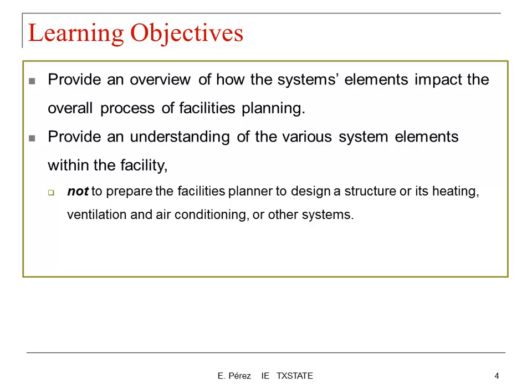But the idea of this lecture is not taking you to that area. The lecture is not to prepare the facilities planner to design a structure or its heating, ventilation, and air conditioning or other systems. What you want is to understand what those systems involve, so when you start planning for your facility, you have a good understanding of how those systems will affect your design. Okay? So hopefully that's clear.